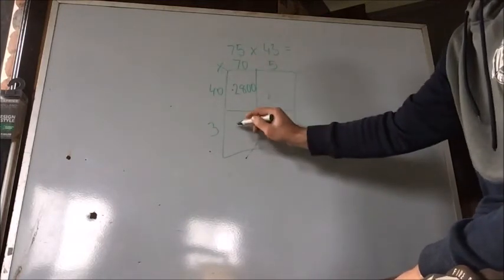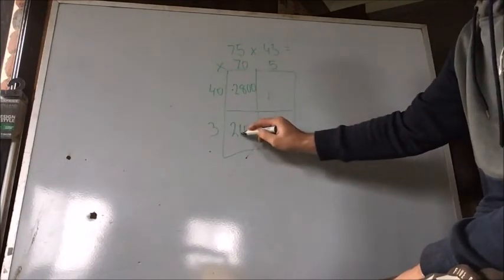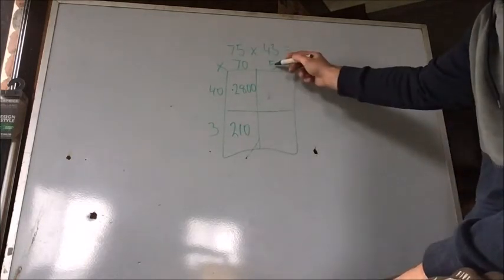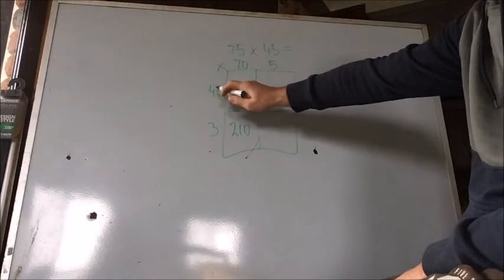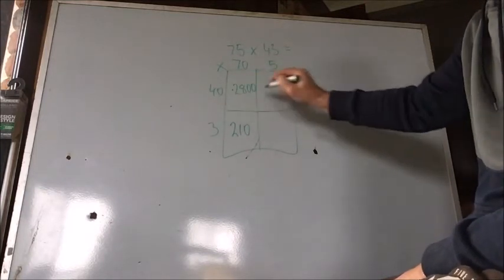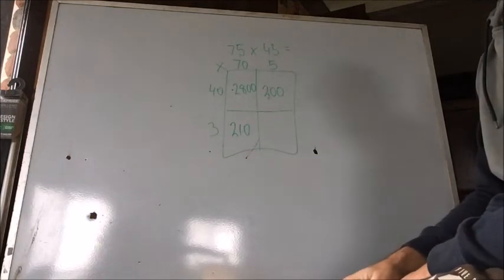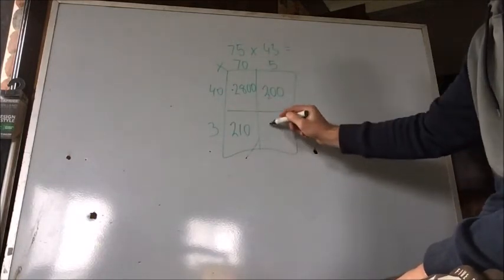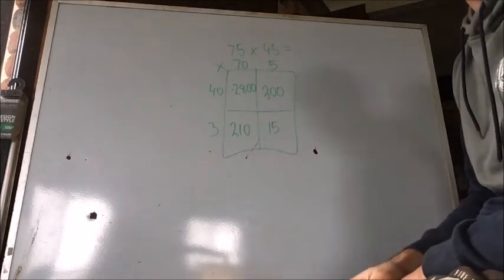So 70 times 3 is 210 because 7 times 3 is 21 and we add that 0. Then we go over here, 5 is going to go for a walk. Who does he meet in this box? He meets number 40. So 5 times 40, so 5 times 4 is 20 and we need to add the other 0. Then he keeps walking down here and 5 times 3 meet, so it's 15. There's our box filled out.